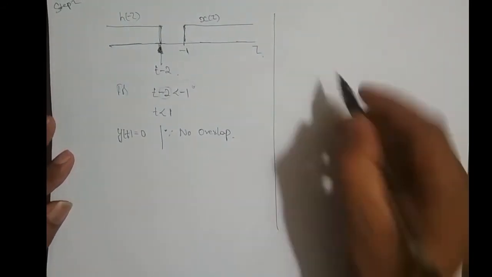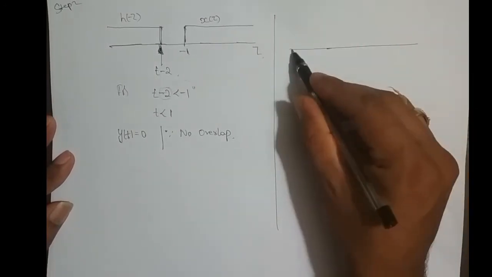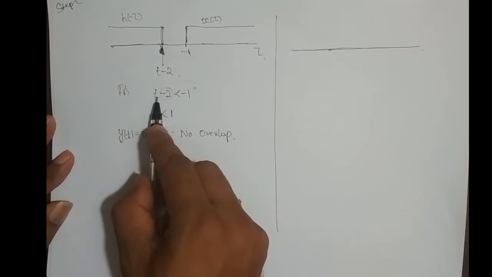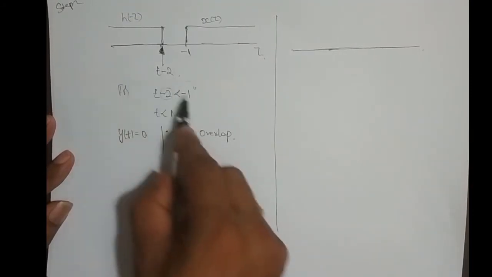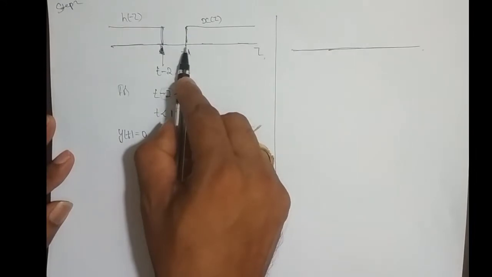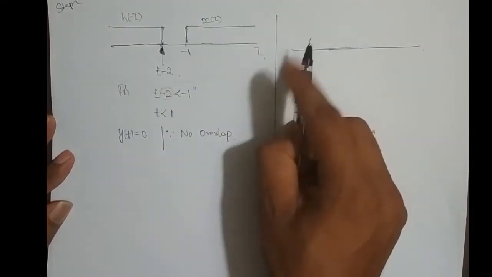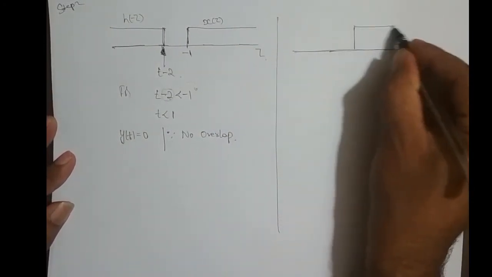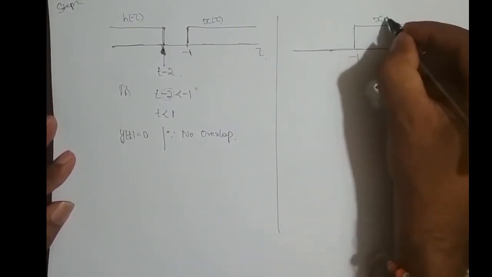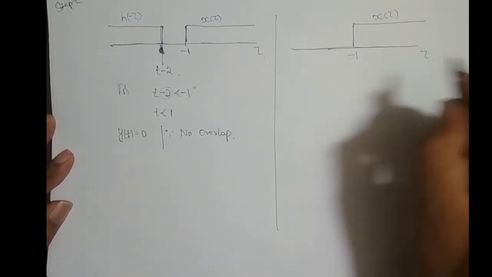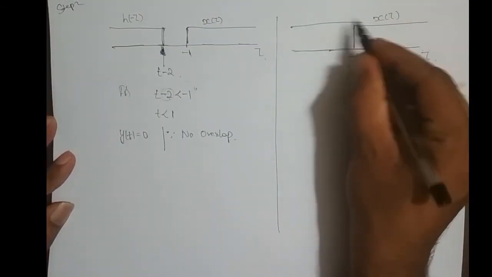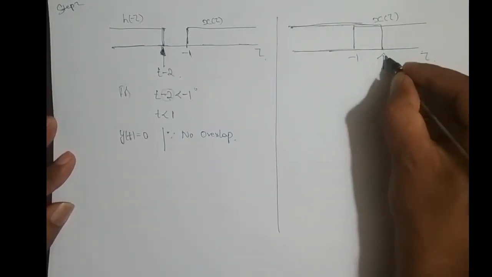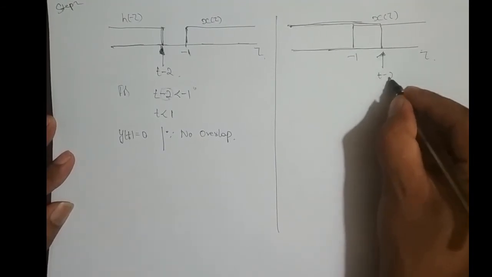Next we have to move this signal h of minus tau further right. So far we took t minus 2 less than minus 1, in the sense t minus 2 from minus infinity till just before minus 1. Now I need to move it further right. So t minus 2 is greater than or equal to minus 1. This is minus 1, this is x of tau, this is tau. Now I'll move this h of minus tau further right, and keep it here. This is t minus 2.